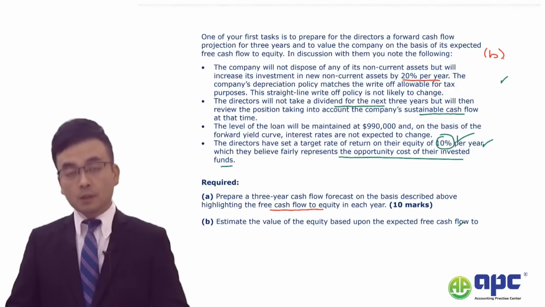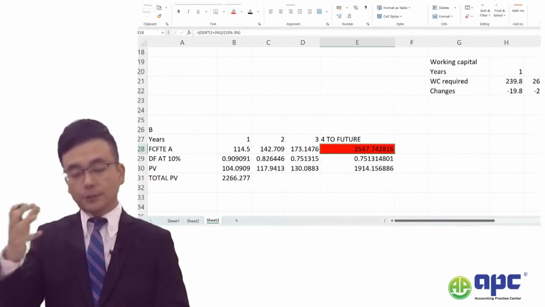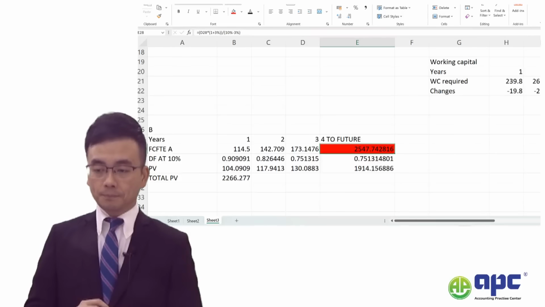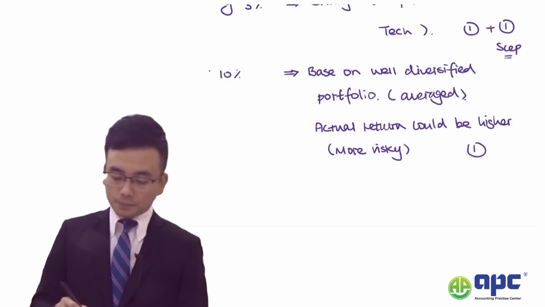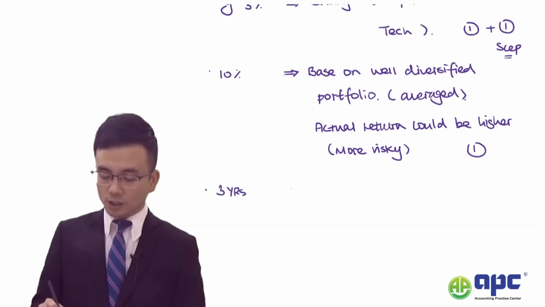So how about the valuation? If you can see that in your calculation it's 3 years and then 4 years to perpetuity. Well, the number of years, 3 years, may be subject to change.